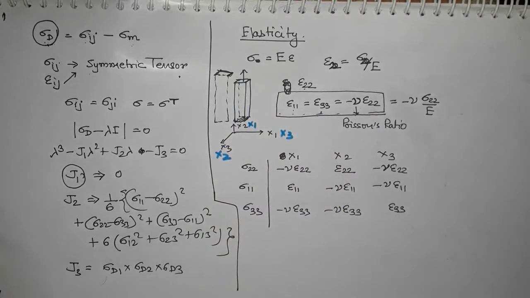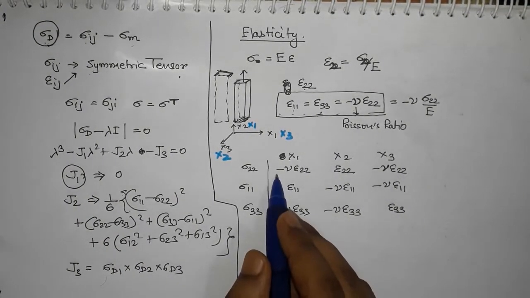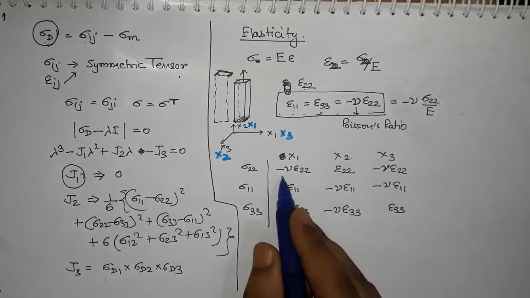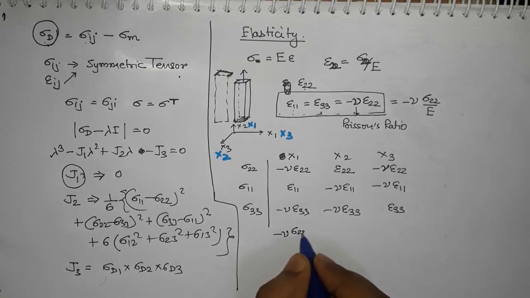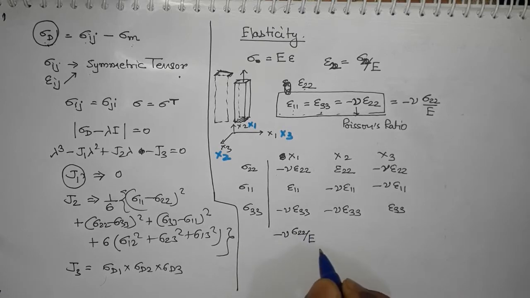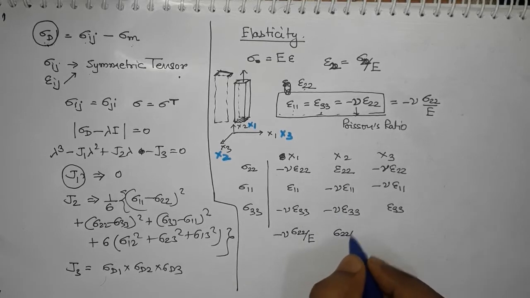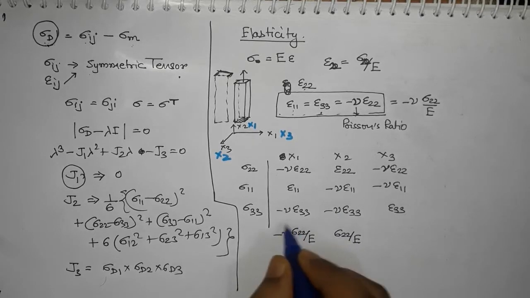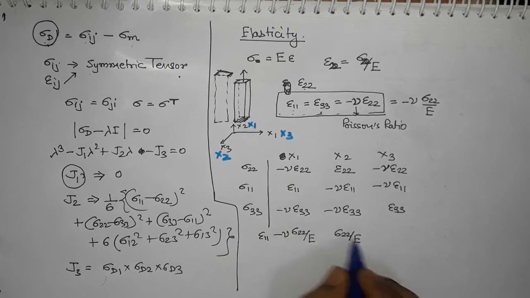Okay, so we can write it. This was minus mu into epsilon 2 2, so the first term, if we change it to stress, will be minus mu into sigma 2 2 by E, right? Epsilon 2 2 will be sigma 2 2 by E. When I'm writing in the x1 direction, this is actually epsilon 1 1, right?